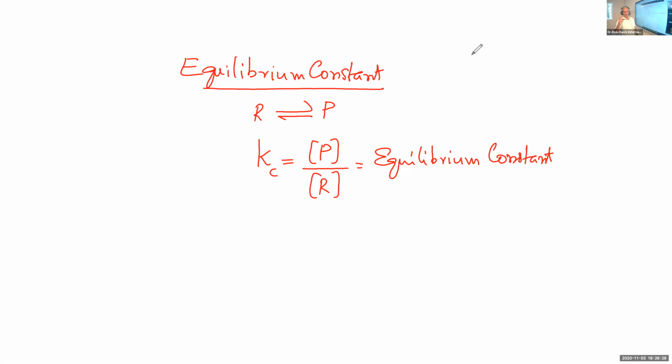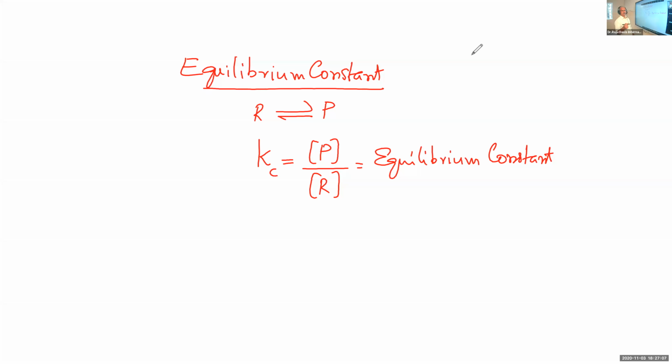So I repeat, K for constant and C for concentration. Kc is the ratio of the concentrations of the right hand side by the concentrations of the left hand side, and that ratio is a constant, because at equilibrium the concentrations are constant, so the ratio also will be a constant.